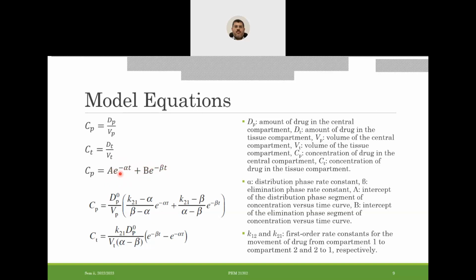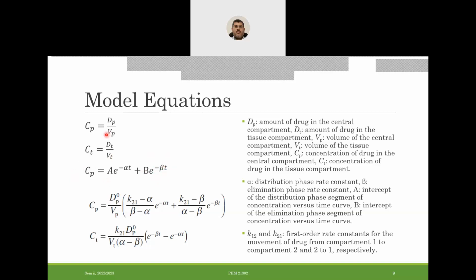So we have two exponents here. So A multiplied by exponent of negative alpha multiplied by time, plus B multiplied by exponent of negative beta multiplied by time. This is the main equation you have to look at.